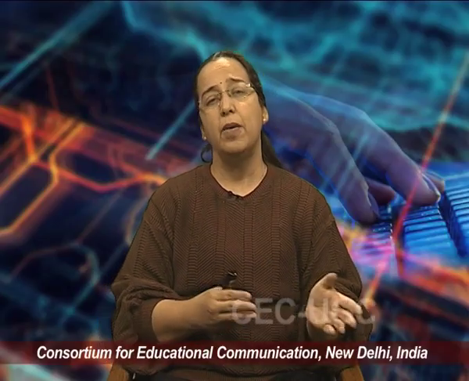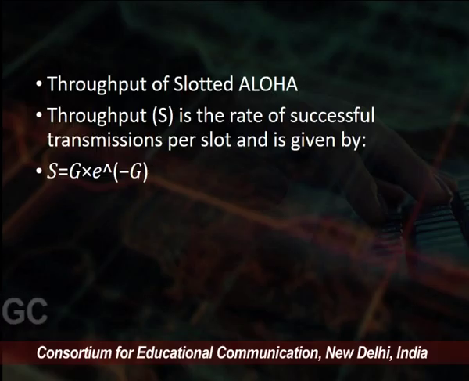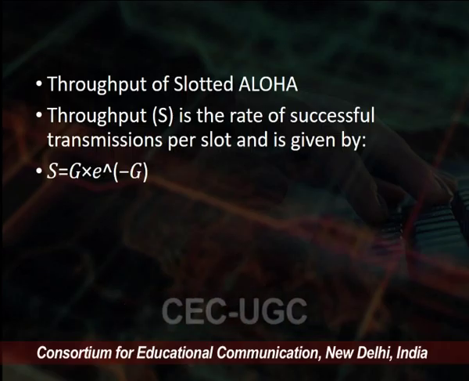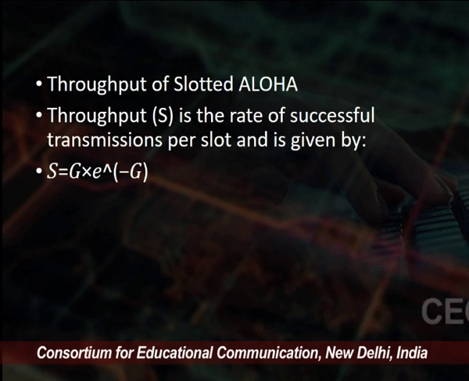Now, as in pure ALOHA, we looked into the throughput. Here also we are going to look into the throughput, which is the rate of successful transmission per slot, and this is denoted by the term S, where S = G e^(-G).